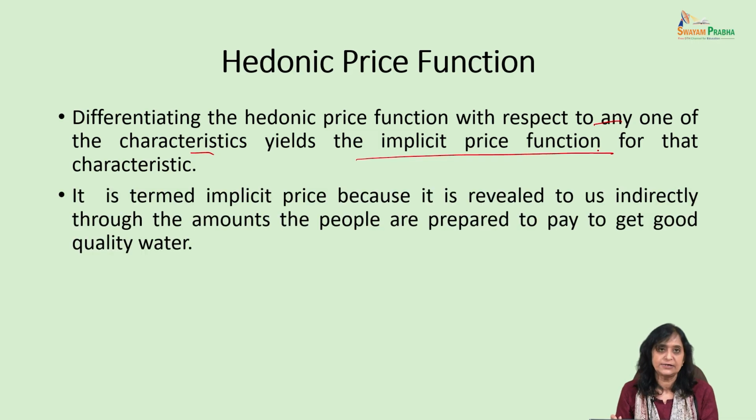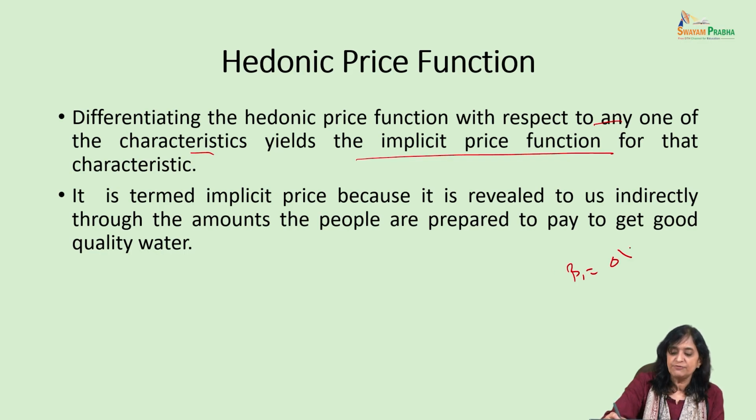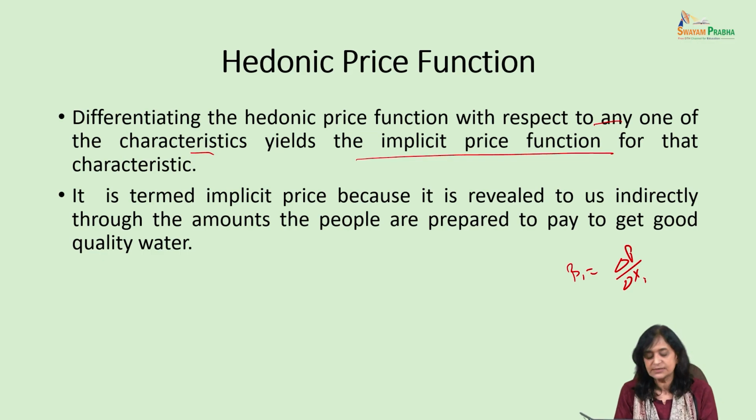of that characteristic. Okay, for example, if in our equation beta 1 is a coefficient of x1, a characteristic of that property, and x1 changes, how much is the change in the price? That we measure by beta 1. What is the change in price because there is a change in the characteristic x1?